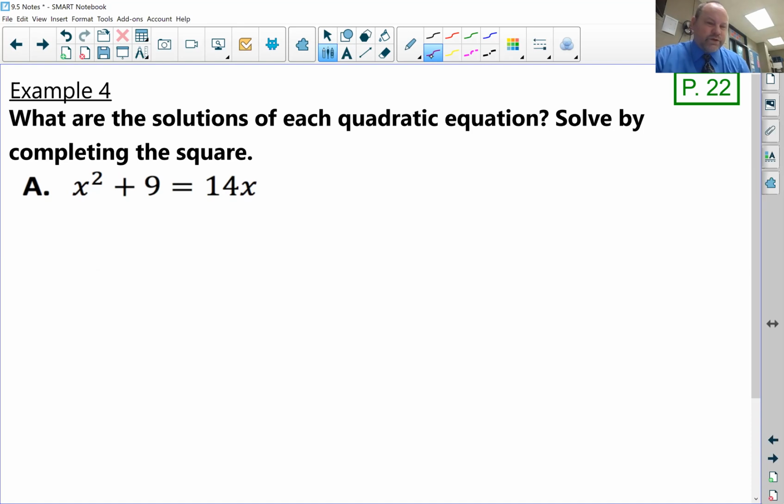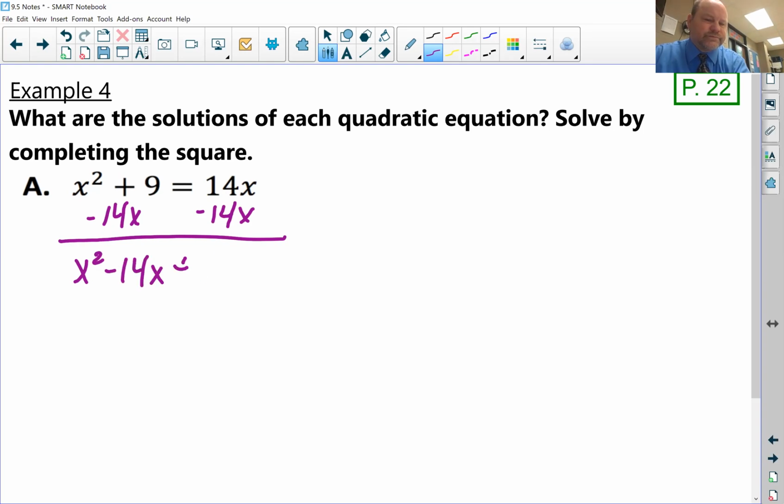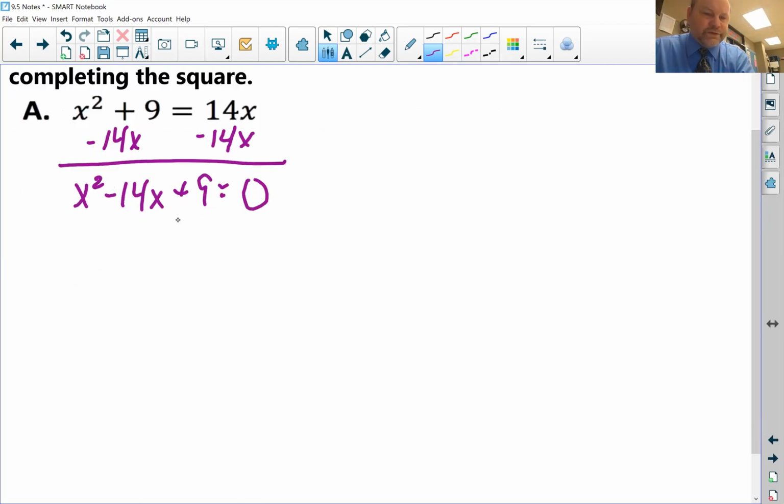We want the x squared to be positive. So the way that I would do this, I would subtract 14x from both sides. And now it's in standard form. So we can subtract 9.